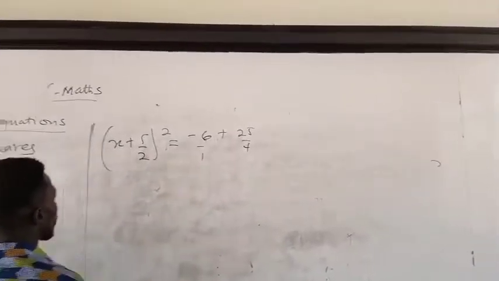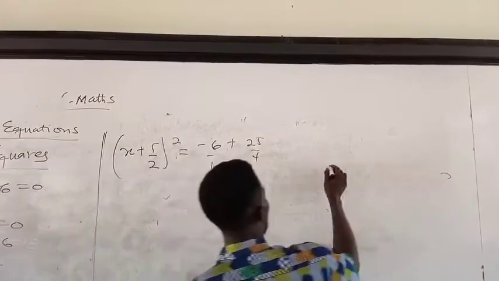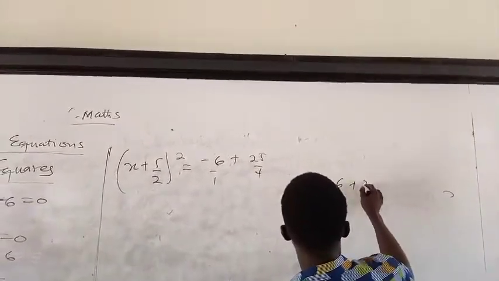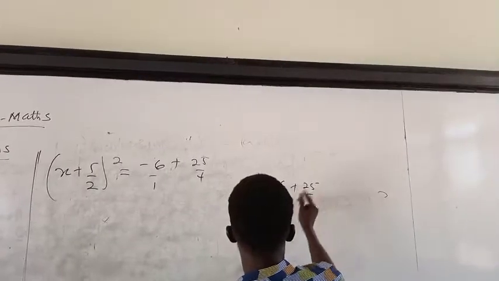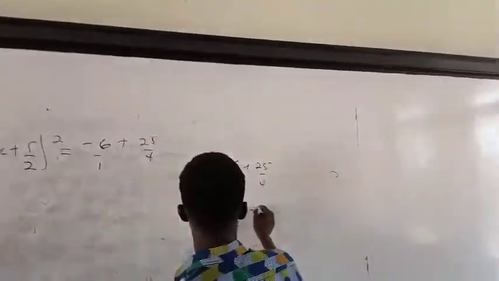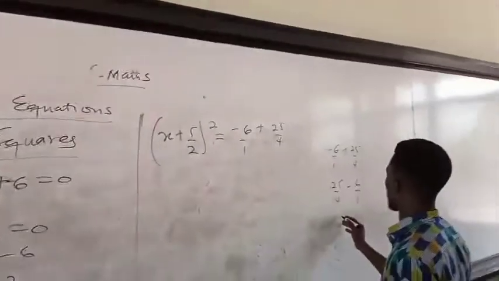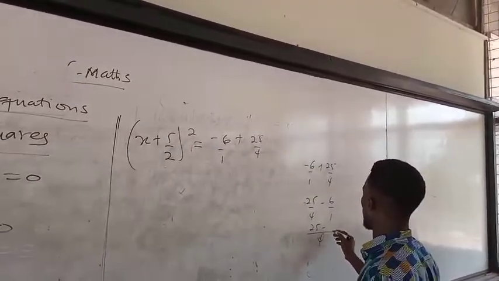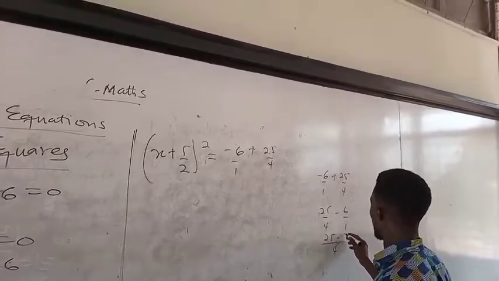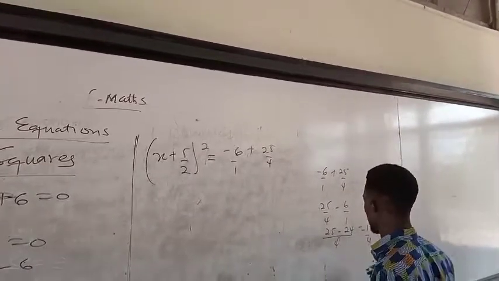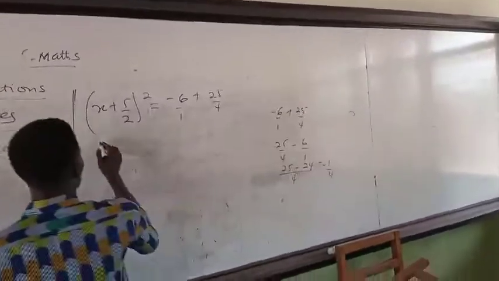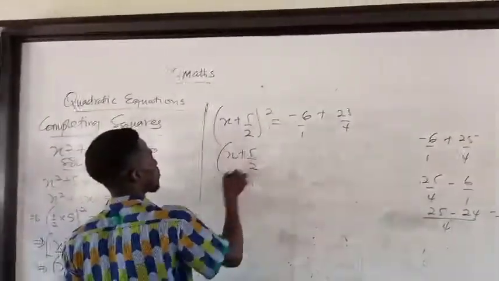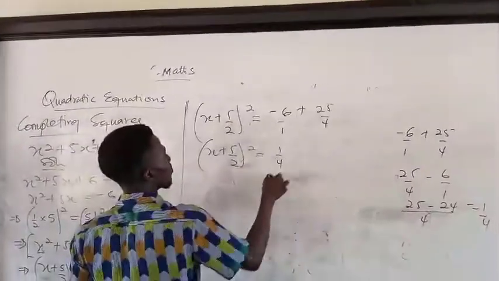Now you can resolve this thing. Negative 6 over 1 plus 25 over 4. This one is the same as 25 over 4 minus 6 on 1. The LCM is 4. 4 goes here 1, we have 25 minus 24, so we have 1 over 4. So we have x plus 5 over 2 all squared is equal to 1 over 4.